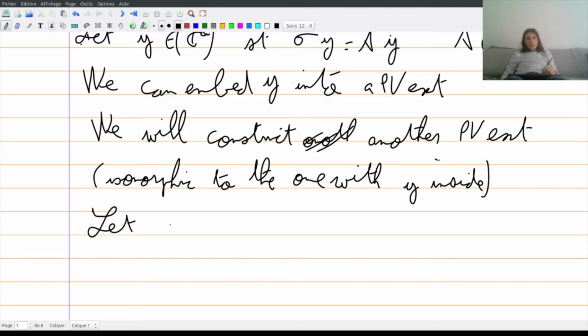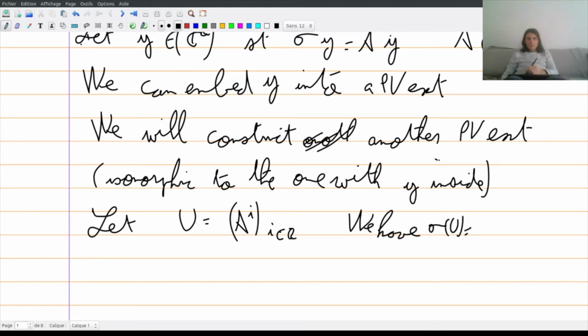So I consider this sequence of matrices, and it's obviously a fundamental solution.